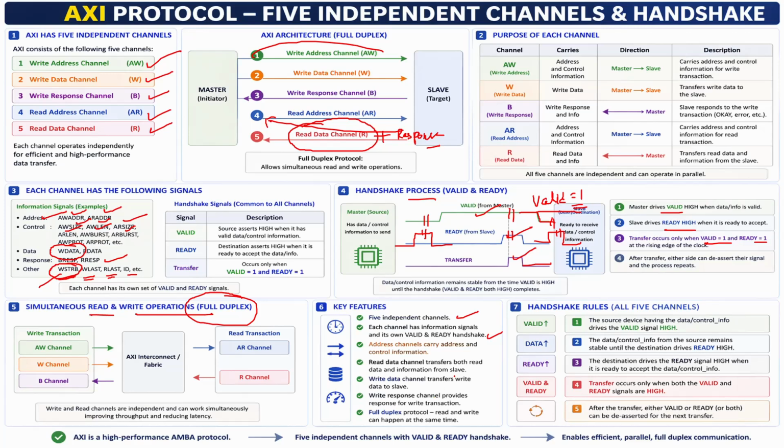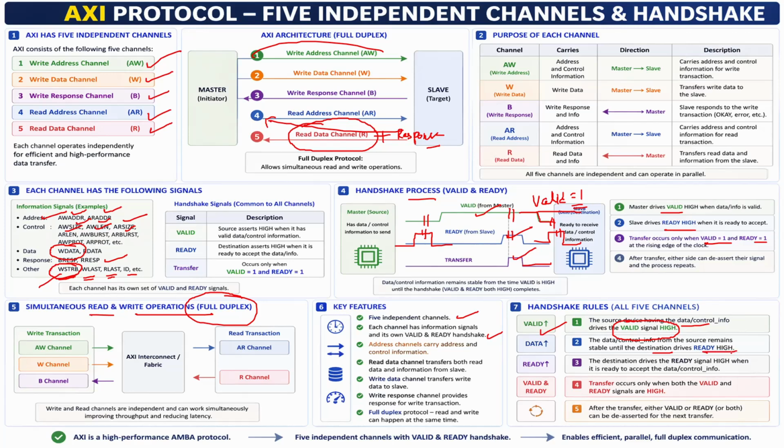So based on that, see the valid handshaking rules. The valid signal should be high. The source device has data and control signals, right? So valid and ready are the controlling signals, the handshaking signals. In that, the valid signal should be maintained high throughout the transaction. Data or control information from the source remains stable until the destination drives the ready high.